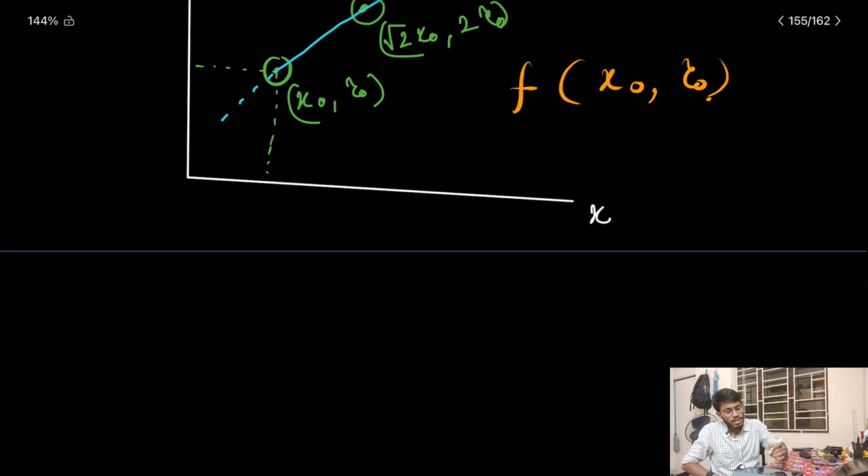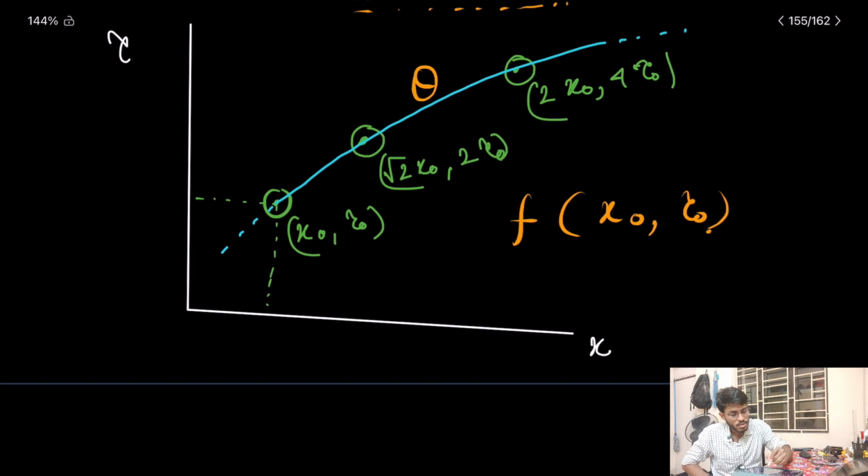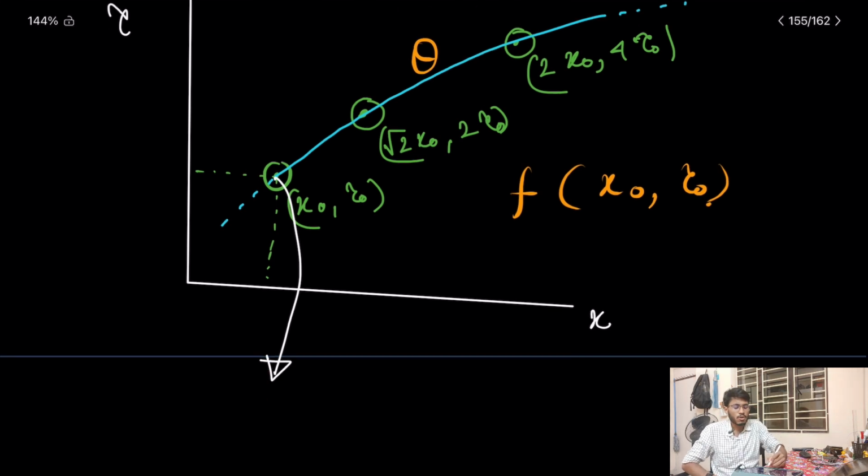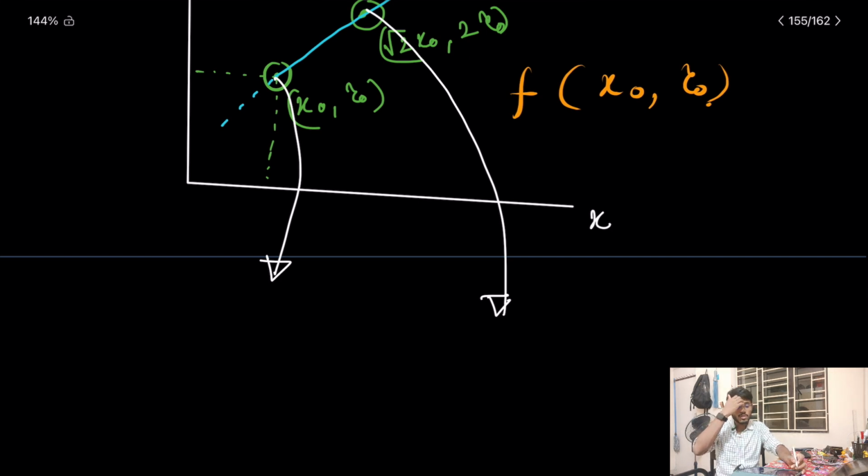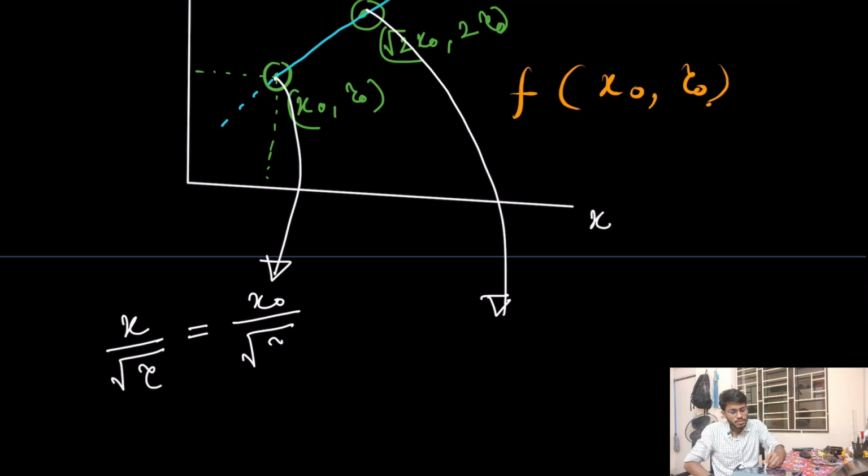Let us see. At this point my coordinate is x naught comma tau naught, and at this point my coordinate is root 2 x naught comma 2 tau naught. So if I calculate here my x by root tau, at this point it will be x naught by root tau naught.